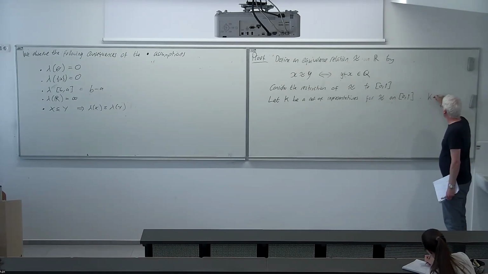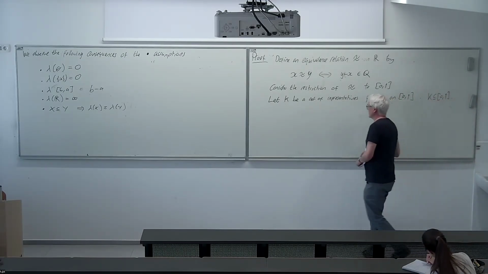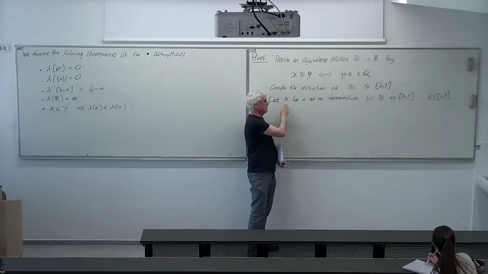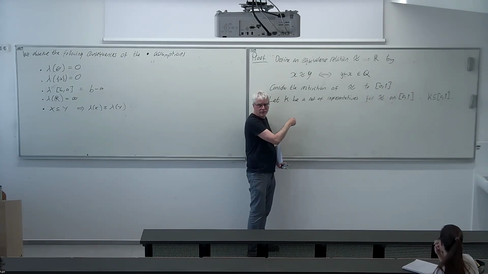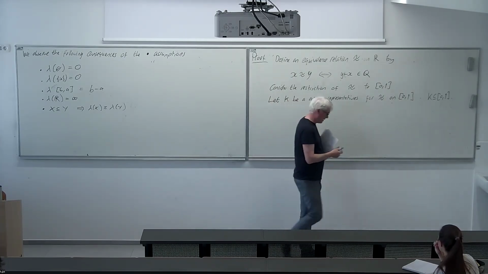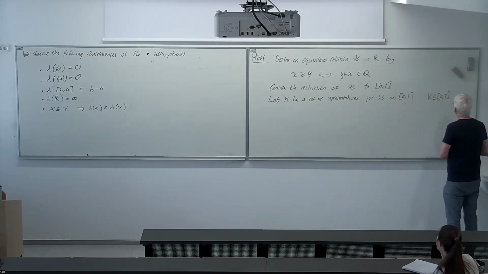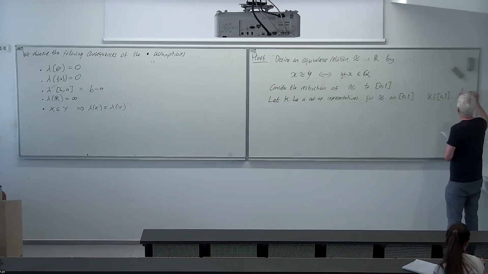So K is a subset of [0, 1]. Remember, a set of representatives is a set that intersects every equivalence class in a singleton, a set that contains exactly one member of every equivalence class. Here we're using the axiom of choice.